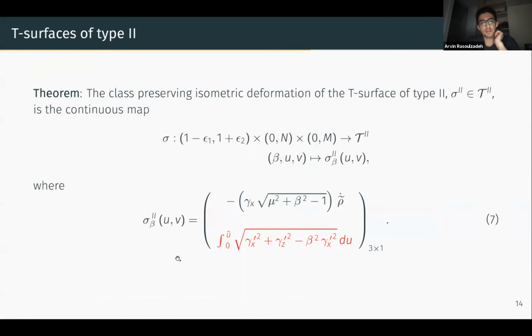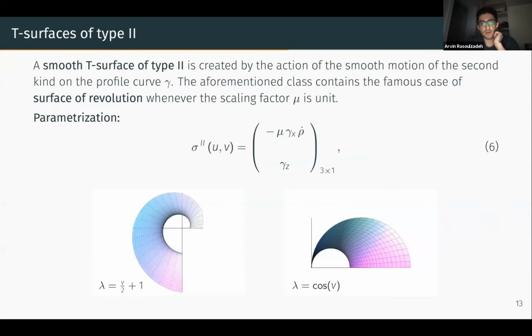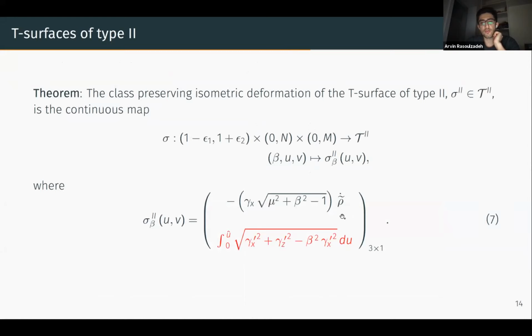So the formula for their time-dependent isometric deformation is given here, where you can see that the red part is exactly identical to the previous case, and the first entry is different from the parametrization that I gave you here, just by rho being replaced by rho tilde and mu being replaced by this square root, which refer to the deformation of the scaling factor and the prism itself.